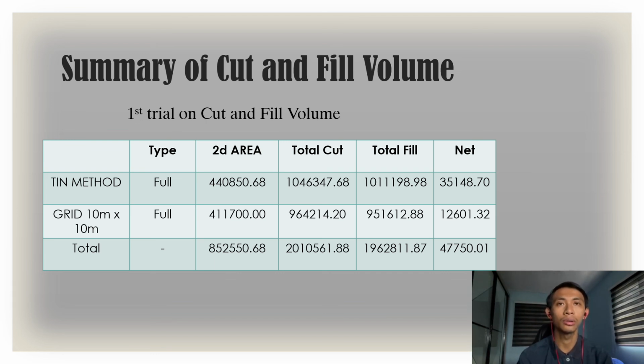As for the total for 2D area we get 850,550.68, and for the total cut we get 2,010,561.88, and for the total fill we get 1,962,811.87, and the net we get 47,750.01. As we can see, the TIN method is more accurate than the grid method.